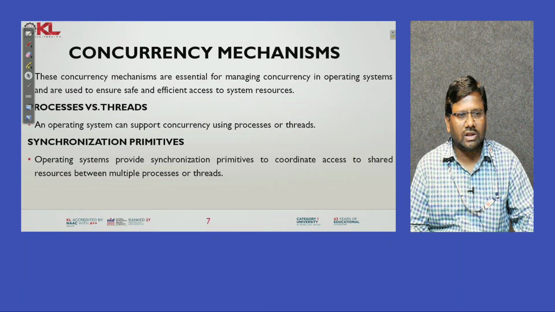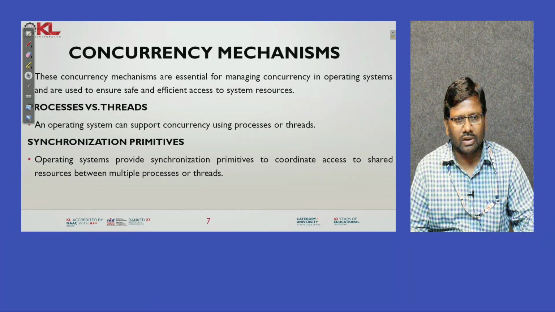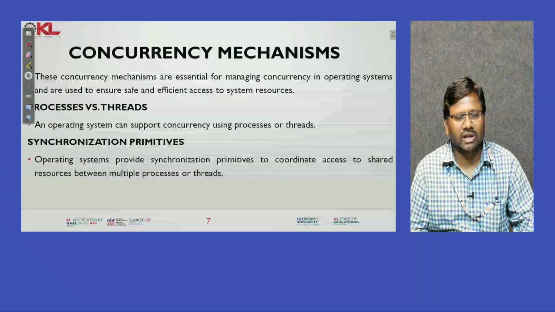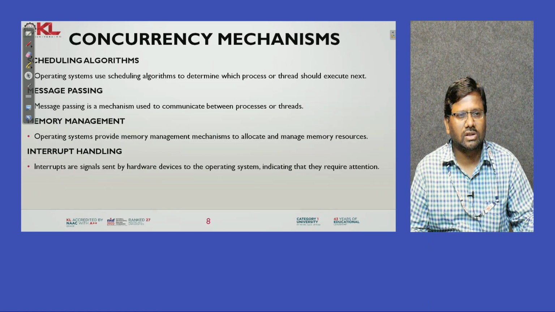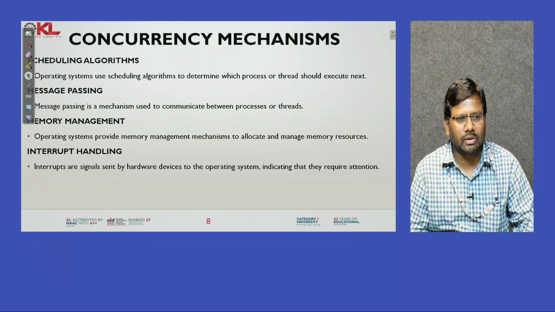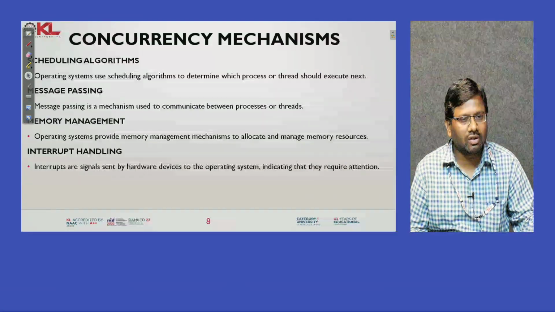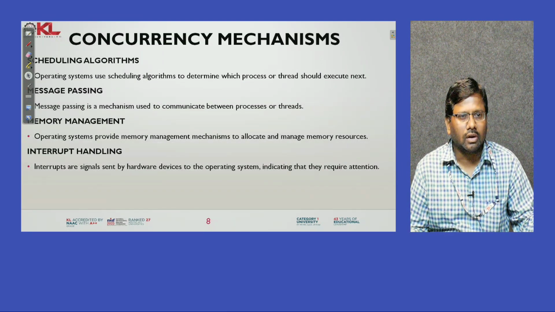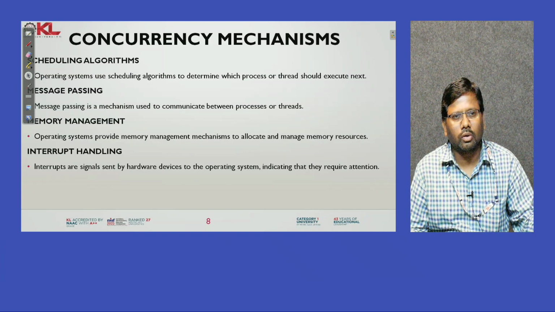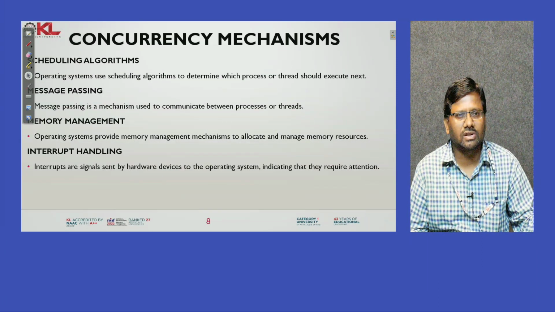These are the concepts of concurrency: processes versus threads, synchronization primitives, scheduling algorithms, message passing, memory management, interrupt handling. An interrupt occurs when a smoothly going process is halted for something.